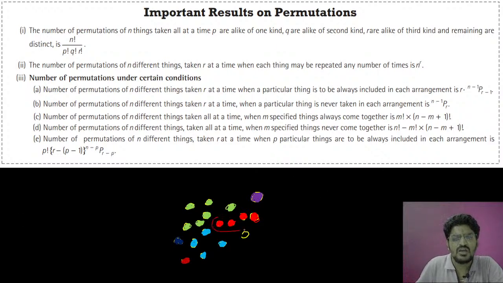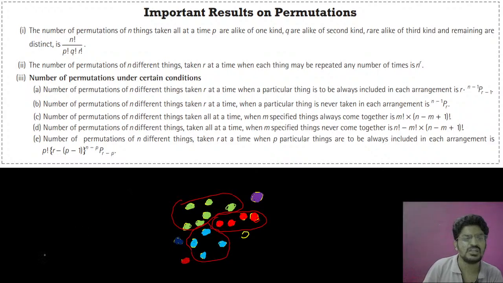These are of one type, these are of the second type, and these are of the third type, and the remaining are distinct.